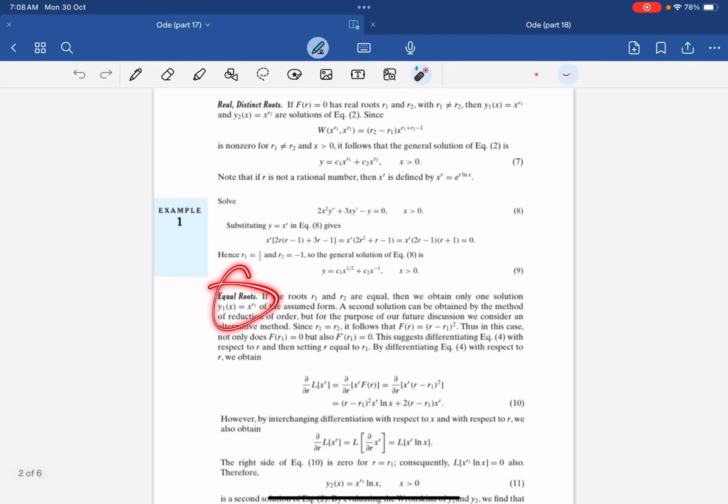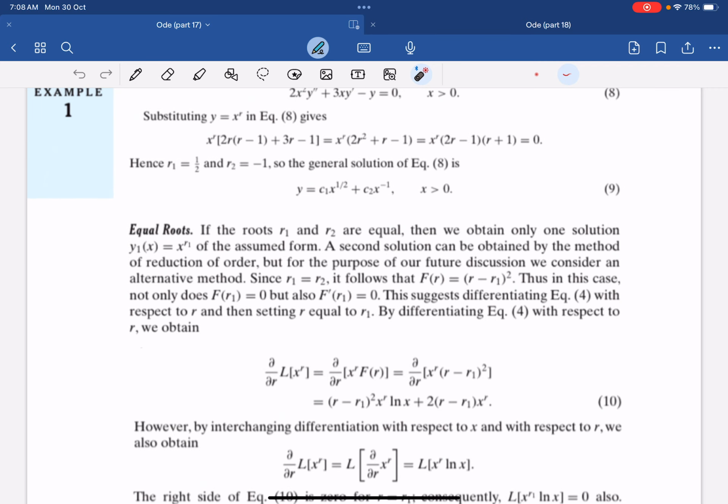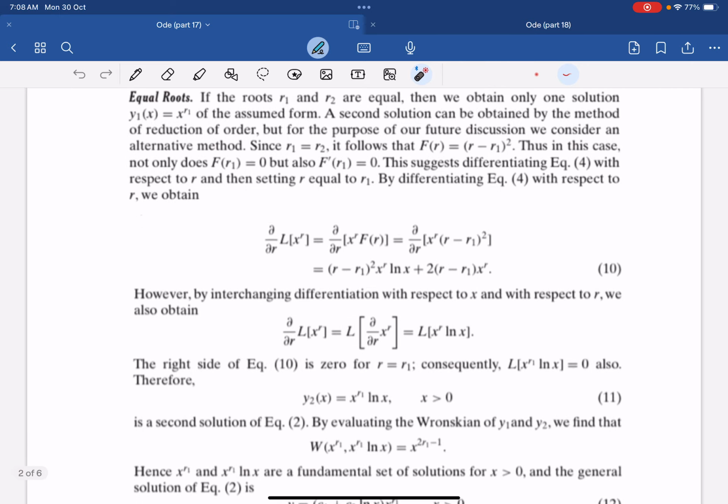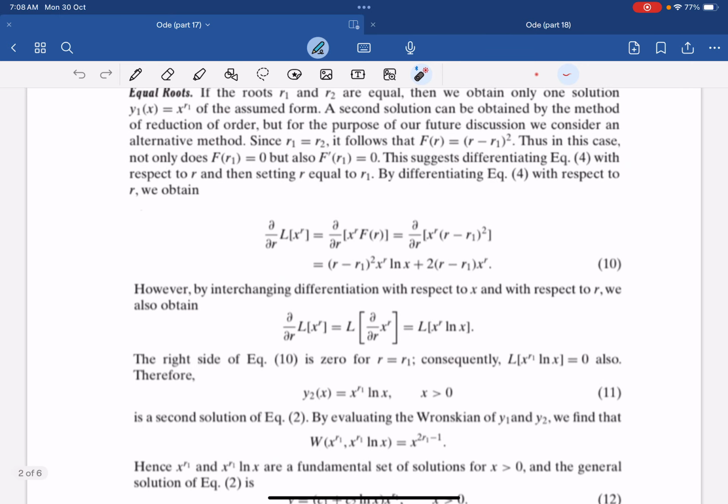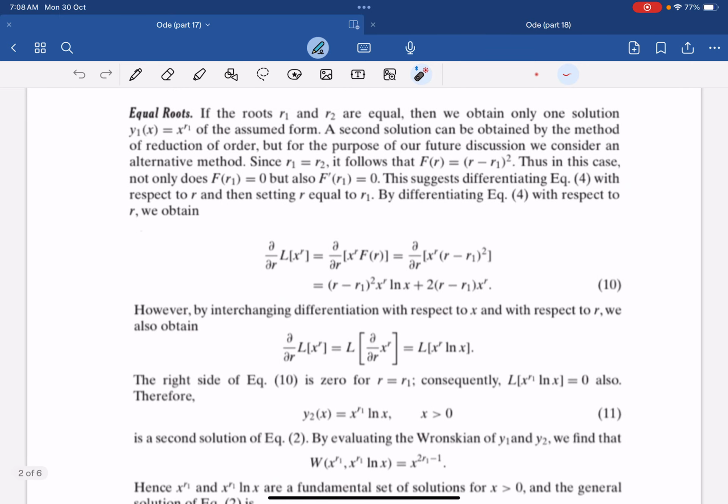When they are equal roots, we again only obtain one solution, but we know it's a second order ODE, so we need a second solution, and we can use the method of reduction of order to help us. But we will now introduce an alternative method.